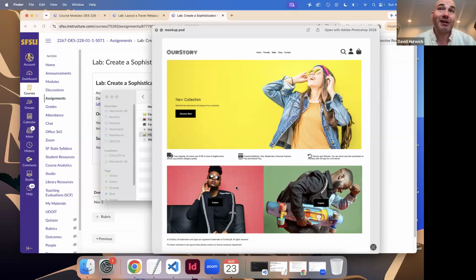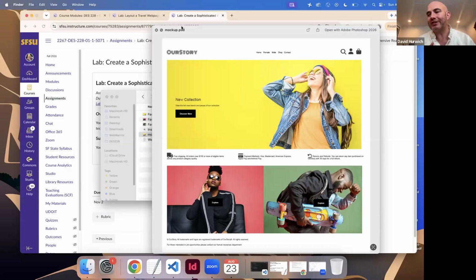It looks like the way an actual website would look. It's got columns and a big splash header and icons and things like that. So this is going to be practice on how to make an actual, really sophisticated page.